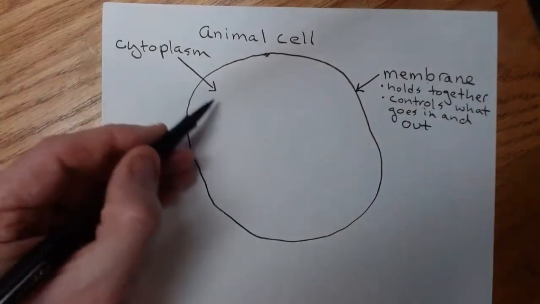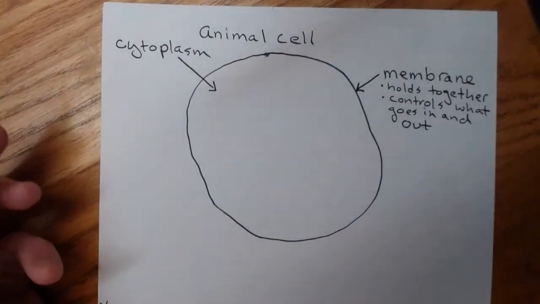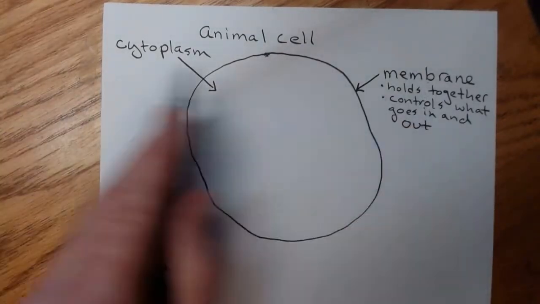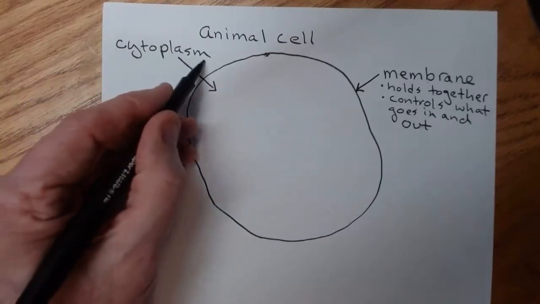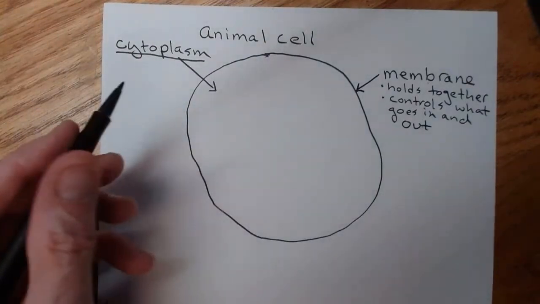A lot of people think of it as the fluid that everything's inside, which is technically not right, but I don't care if you say that. It's fine with me. Technically, the fluid is called cytosol, and the cytoplasm would include all the other stuff like the endoplasmic reticulum. Okay, so we got membrane, cytoplasm. And when you make your cell model, I'm going to want you to tell what it does. You already got that. I don't see a reason to write it down now.